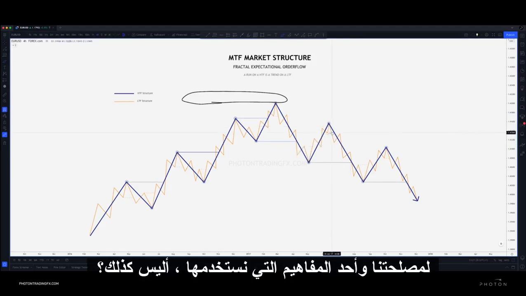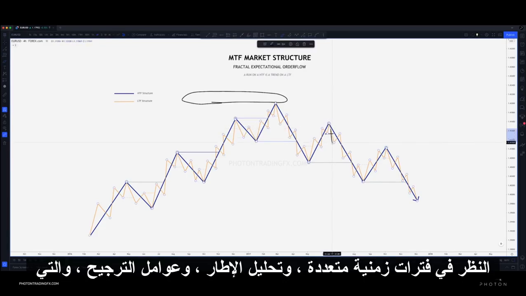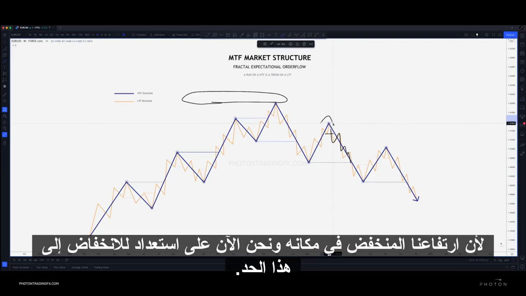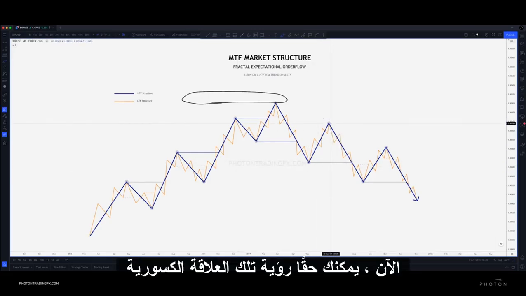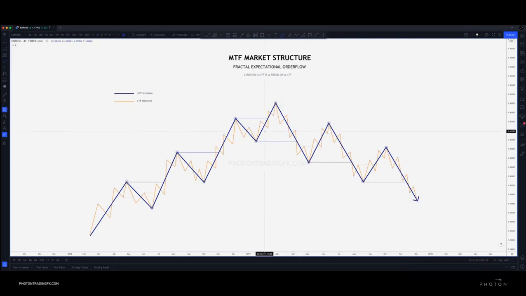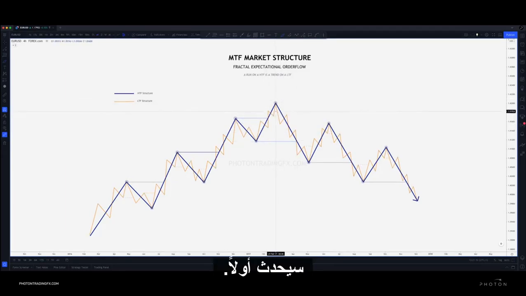One of the concepts that we use is changes of character, looking at multi-time frame analysis, waiting for that to switch bearish, and that can give us an indication that potentially the 4-hour lower high is in place and we are now ready to run this low. So now you can really see that fractal relationship with the time frames, where what will happen on a higher time frame, this switching bearish or this pullback, is going to happen first on the lower time frame.